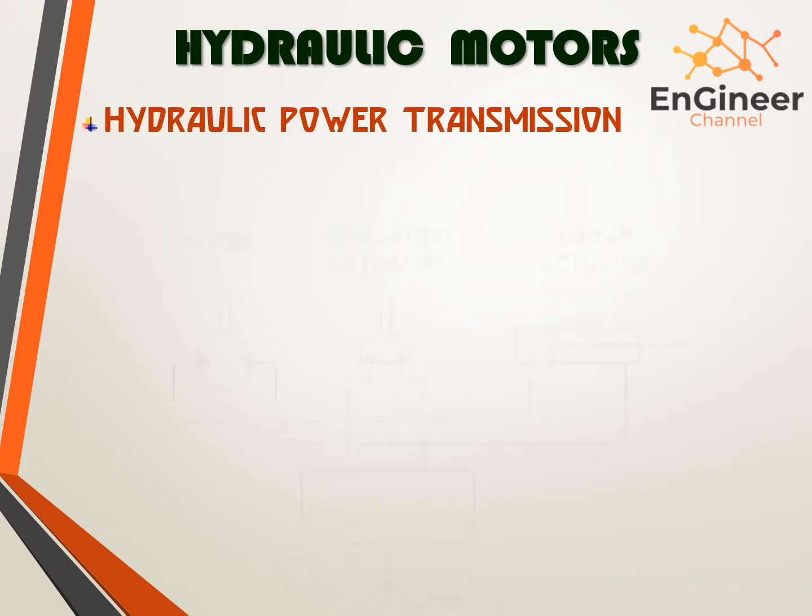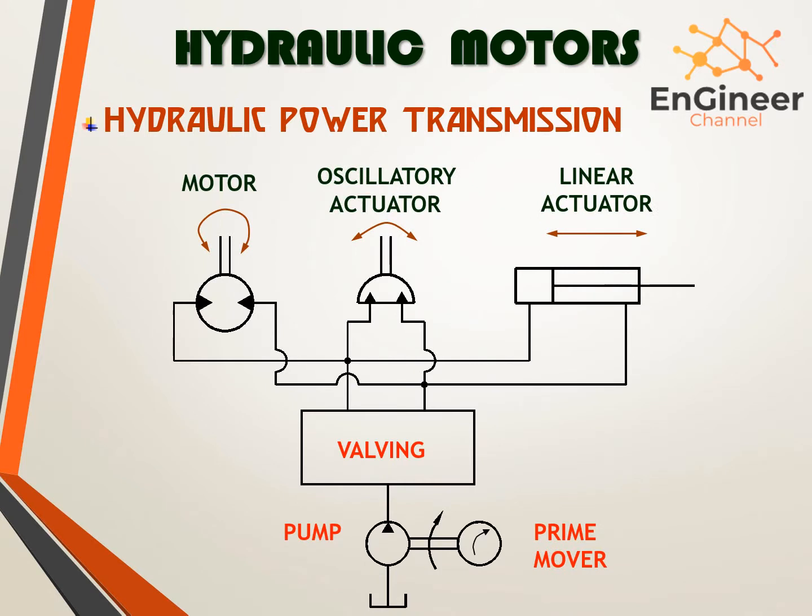So the hydraulic power transmission in motor is configured in this graphic. Like you see, we have motor, oscillatory actuator, linear actuator, we have pump, we have valving, and we have prime mover. This is the graphic as you see.